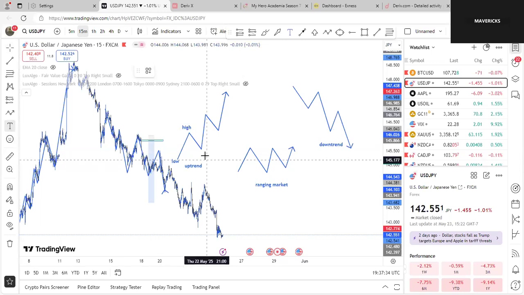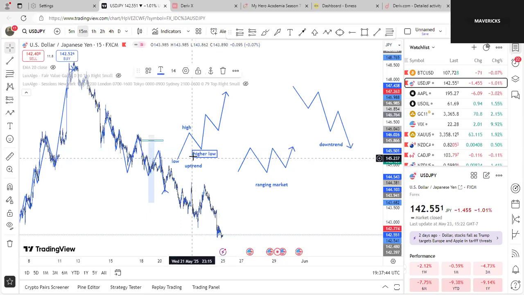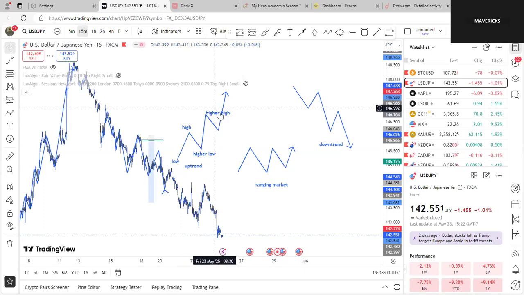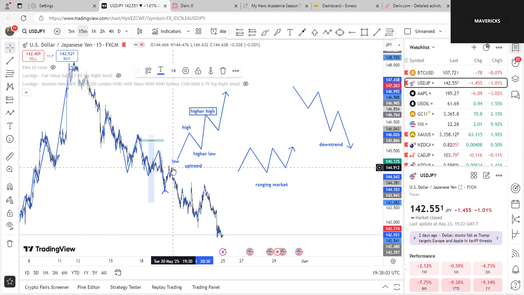Then price retraces down a little bit to create a higher low. Why is it a higher low? Because this low is higher than this previous low. And it goes from that higher low to create a new higher high, and so on and so forth. So in an uptrend, price is consistently creating higher lows, higher highs, higher lows, higher highs. Are you guys following me?